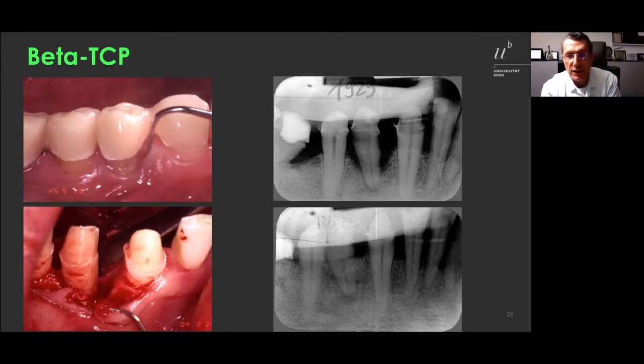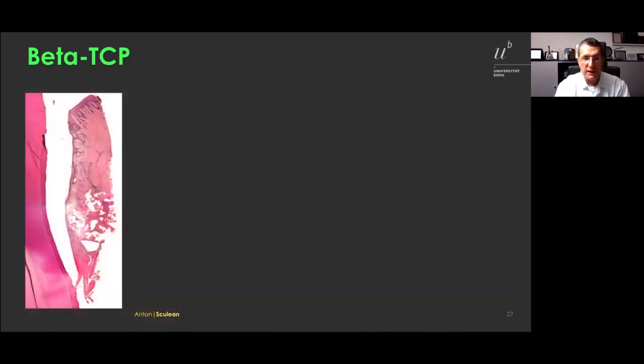You can see in this slide to the right, at the bottom, at the corner, the particles in the defect. And if you are not careful and you only rely on your radiographic evidence or image, you would term this healing type periodontal regeneration. But if you analyze now histologically this area, this is not regeneration, dear colleagues.